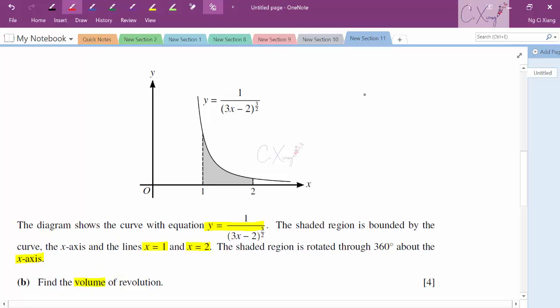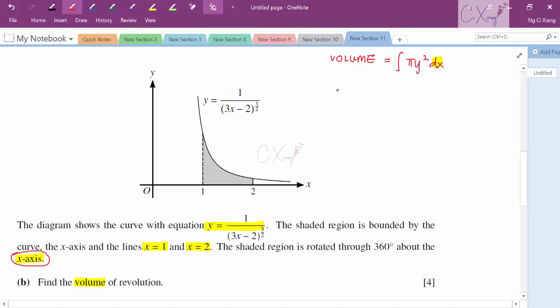So let us set up the question here. To find the volume, generally you also need integration, right? The formula for volume is to integrate between the limits pi y squared dx. Because we rotate about the x-axis, our integration should be with respect to x, which is this dx.